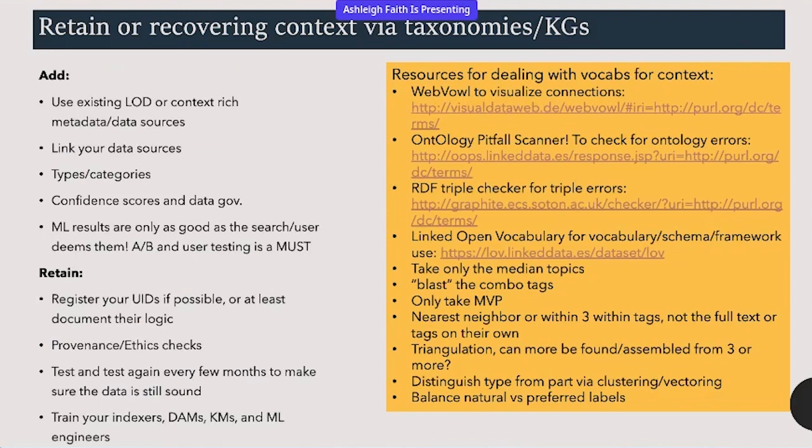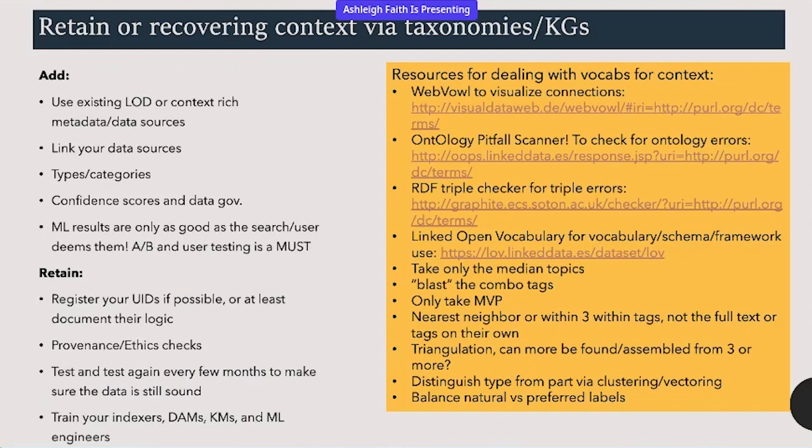Unless, and this is where I would go if you're in that boat, there's usually rules somewhere that the indexers, like human indexers, have to use. Like in the medical domain, this is very common, where there's a child term and parent term and tertiary term and all of those things. There's rules around that. So instead of going into the vocabulary and trying to figure it out, use the rules and try to automate the parsing that way with the rules. That's how I've done it in the past.